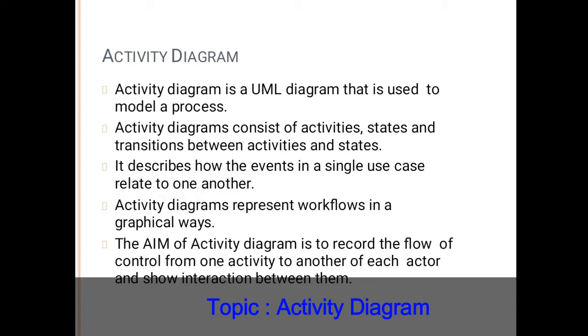In a bank ATM system, we can call the user module the customer. So the customer and the bank system are our modules. How can the customer and the bank ATM system communicate? That is represented by the symbols of the activity diagram. This is known as workflow in a graphical way.